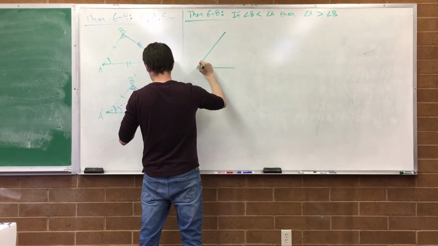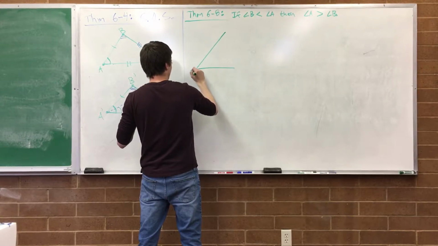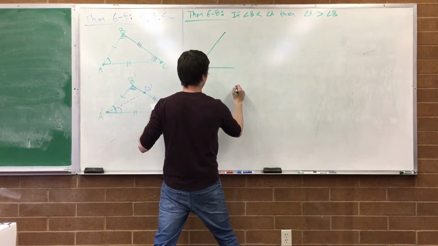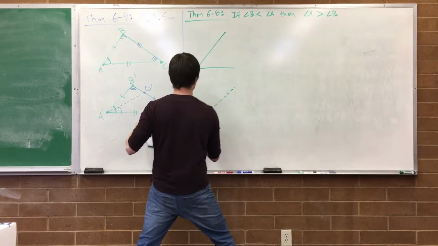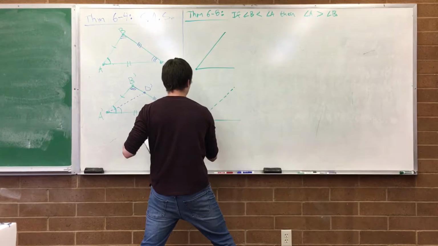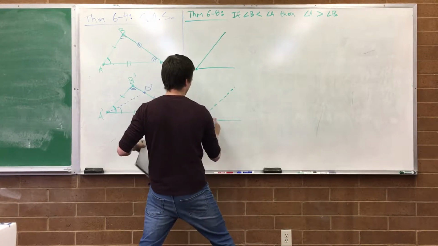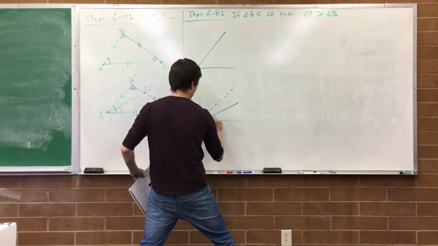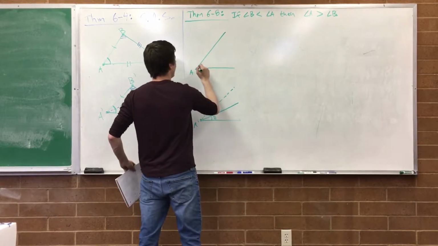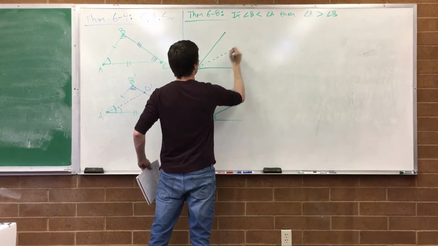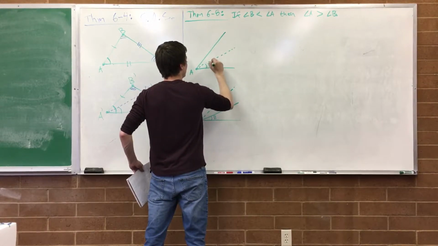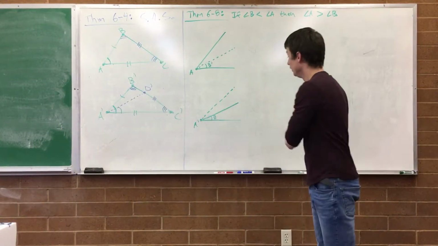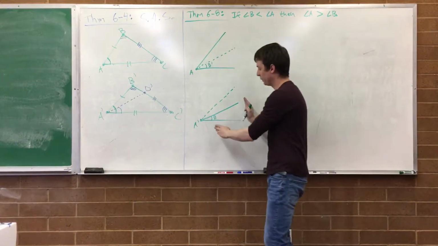Here's my angle A. We won't mark anything up yet. There's A. We'll draw B so it's obviously smaller. Now this is just going to help me think, so you're going to have to let me draw A prime real quick. Okay, so kind of ignore my A prime and B prime for a second.